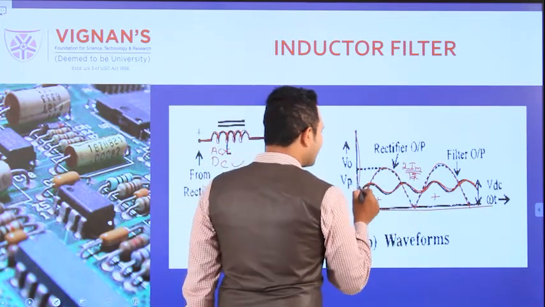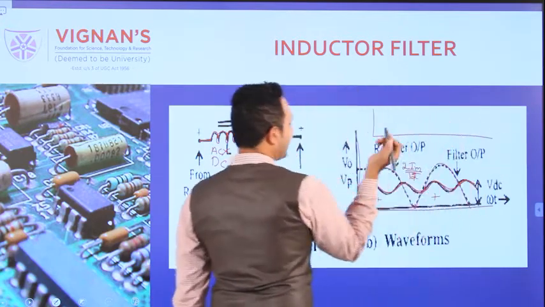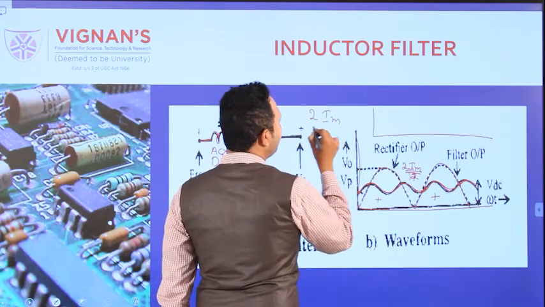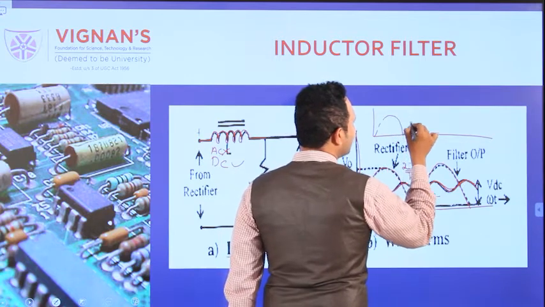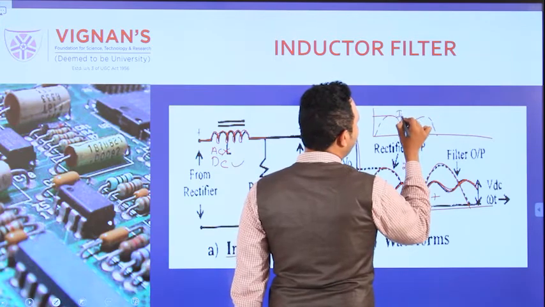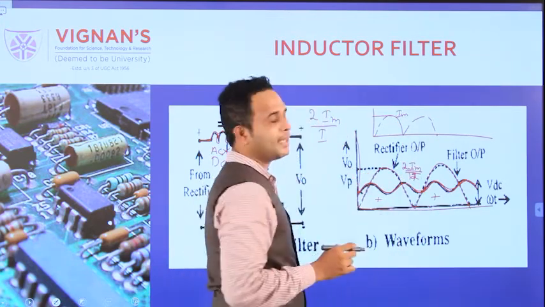I will tell you again: the current equation is 2 Im by pi. Our input signal is only a positive signal, and this is the maximum current Im. So here it is 2 Im by pi.